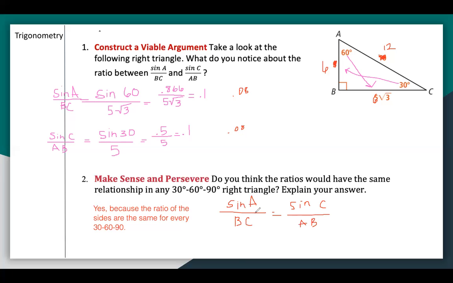Well, here, this would be the sine of 60 over, what I'm going to say is over x square roots of 3, no matter what the side for x is in the ratio, that should be equal to the sine of 30 divided by x.